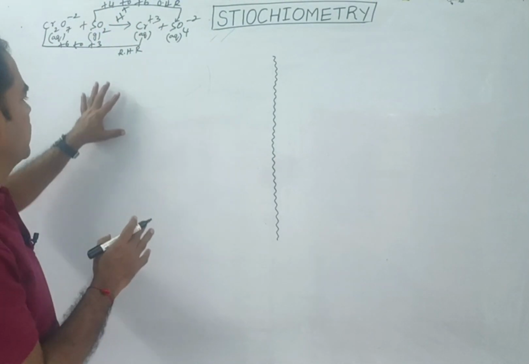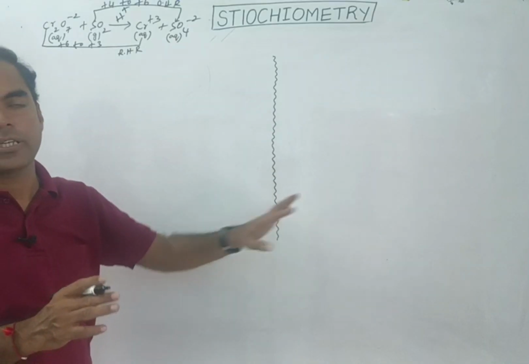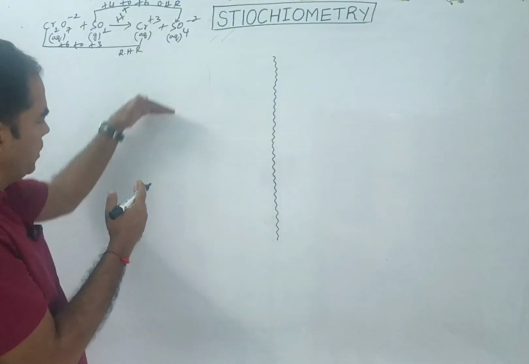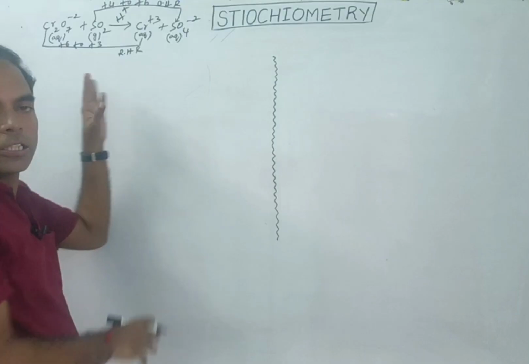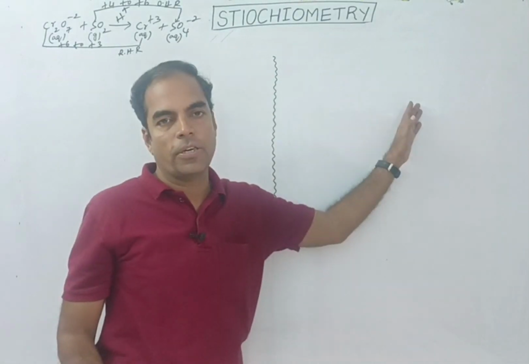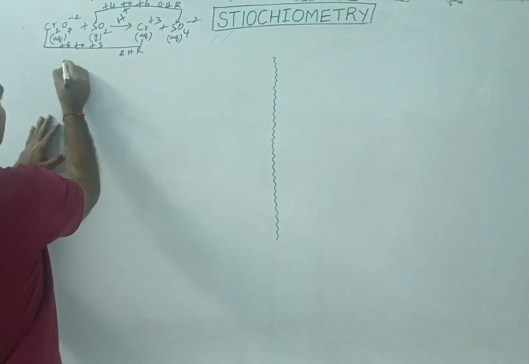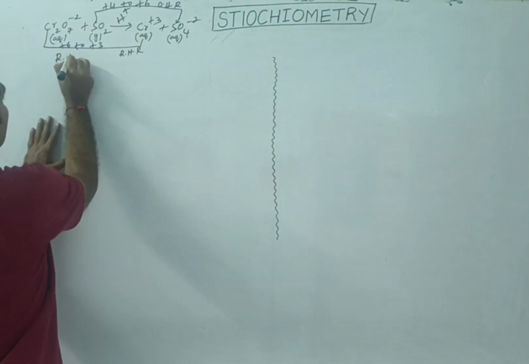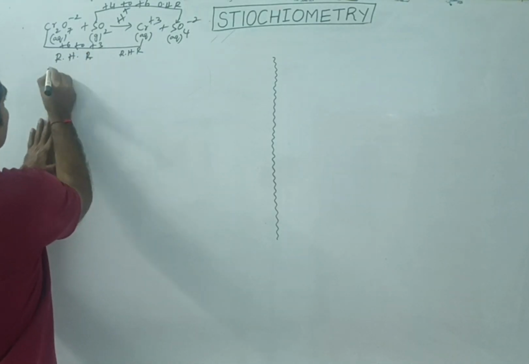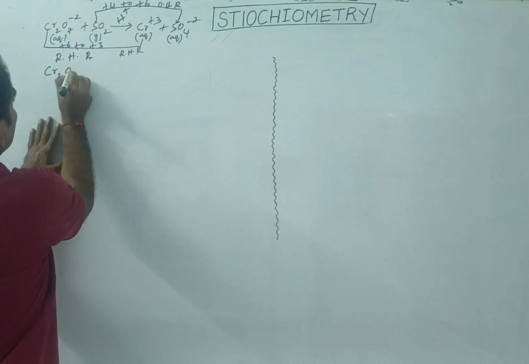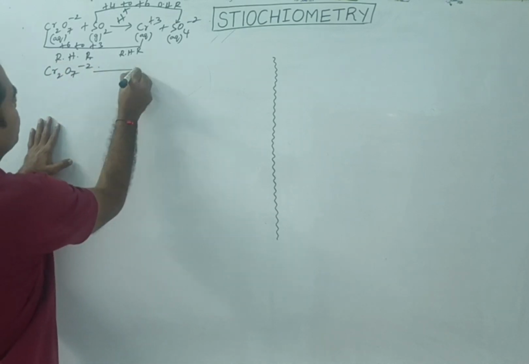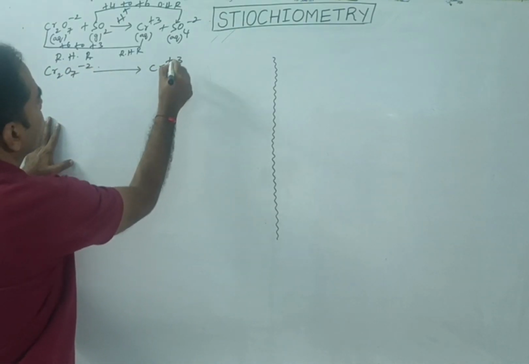Now classify one side as the reduction half reaction and one side as the oxidation. As you wish, you can represent the oxidation half reaction on the left side or the reduction half reaction first. I am representing the reduction half reaction on this side: Cr2O7 2- to Cr 3+.